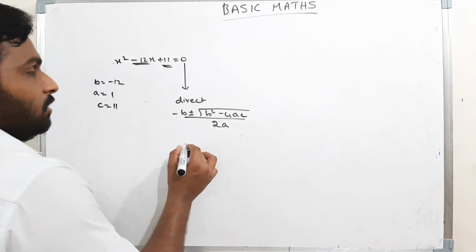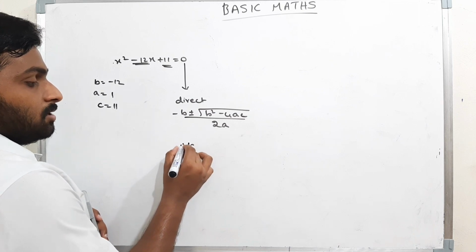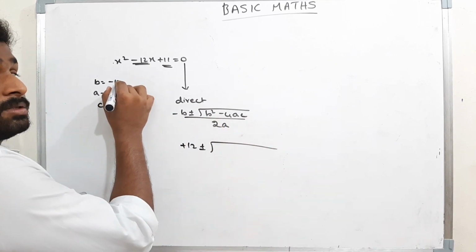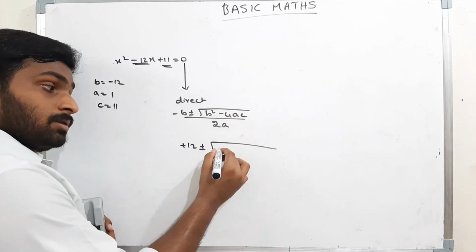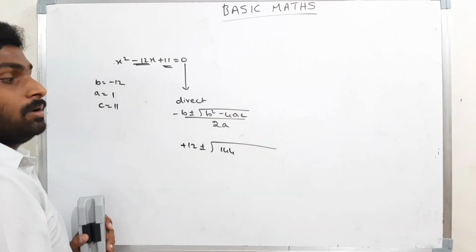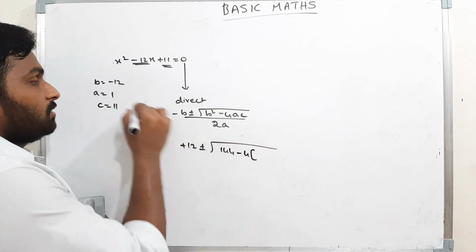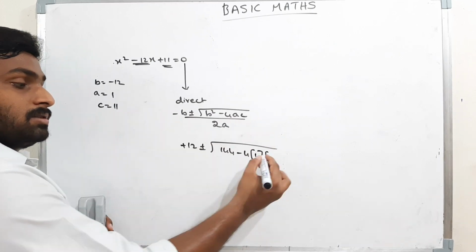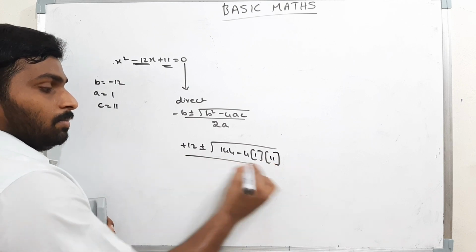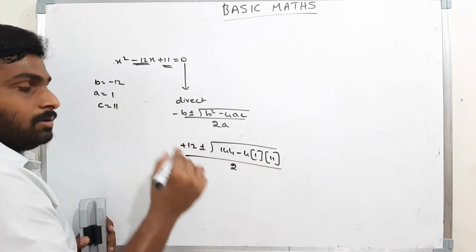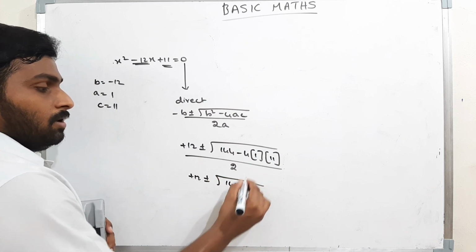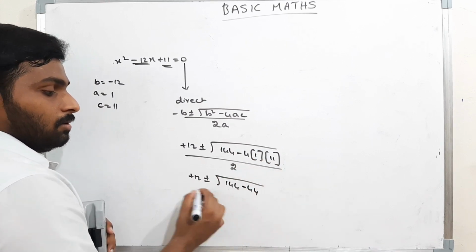Therefore, put in the values. What will you get? Minus into minus, plus 12 plus or minus root of b square. b square is how much? 12 square is 144, minus 4 into a, where a is 1, and c is 11, by 2 into a, which is 1. Therefore, plus 12 plus or minus root of 144 minus 4 into 11, which is 44, by 2.